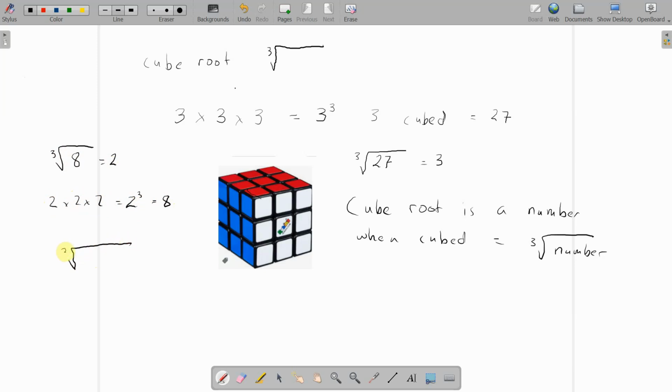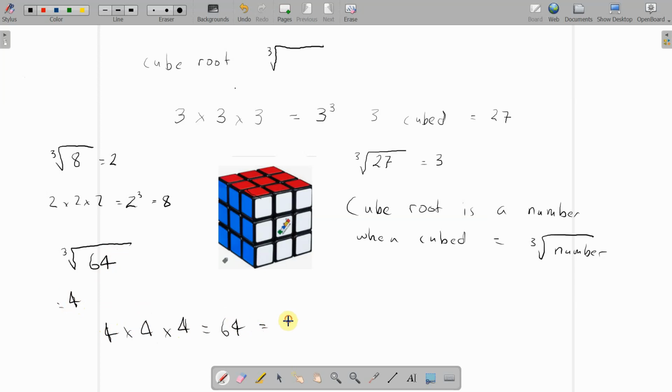The cube root of 64 is 4, because 4 times 4 times 4 equals 64.